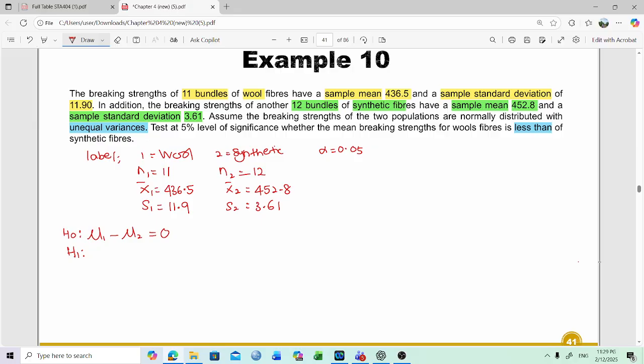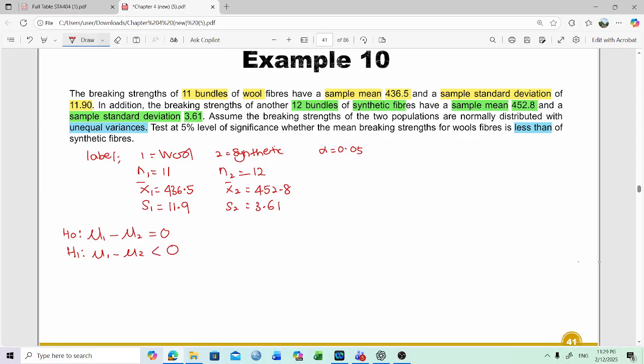Like I mentioned earlier, the null hypothesis will always be equal to 0, except for the one sample mean. This is two population means, so it is equal to 0. Only for one sample mean, the value is given. So for the alternative, mu1 minus mu2 less than 0.